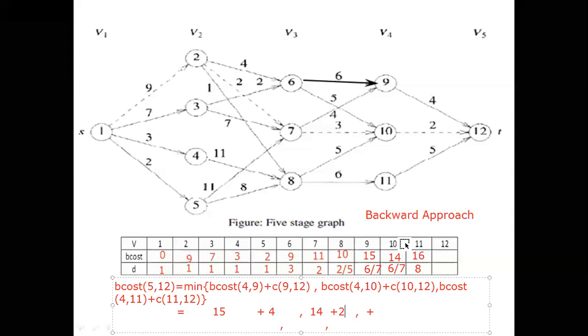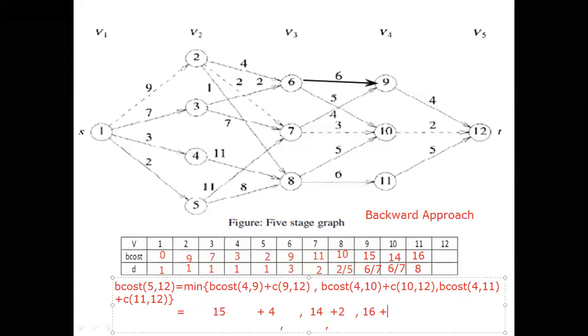Correct. Next, what is the value? B cost of 4, 11. 11 we have to search. What is the value? 11 is 16, plus C of 11, 12. What is the value? It is 5. Right.